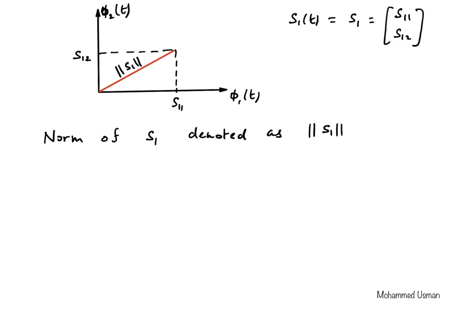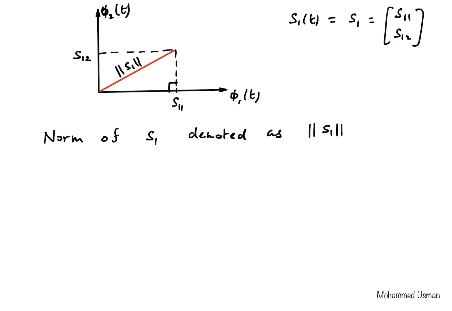Similarly, we can find the length for any signal, and we can use the Pythagoras theorem to compute it. This is a right angle triangle, with the right angle of 90 degrees here. S11 is this length, and the height here is S12.